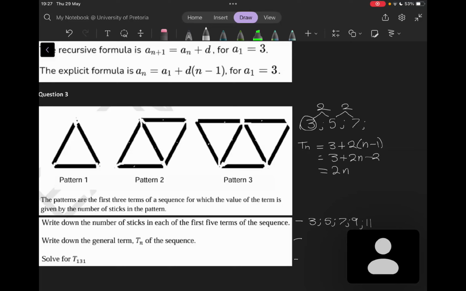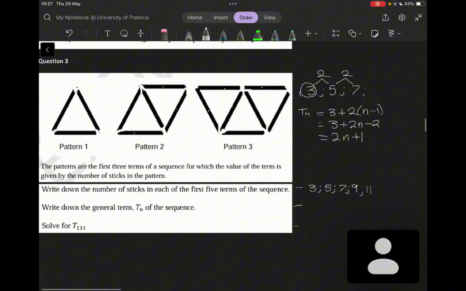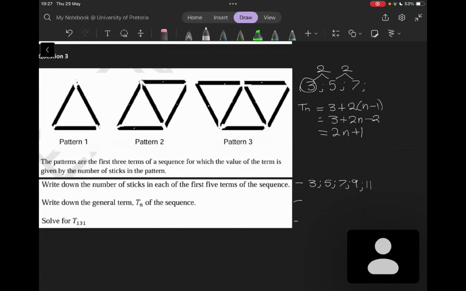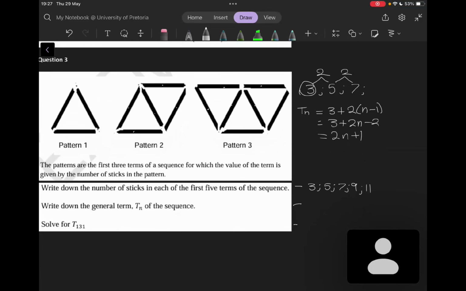It works out to be 2n plus 1. Right, this is just different ways of writing out the same general term.